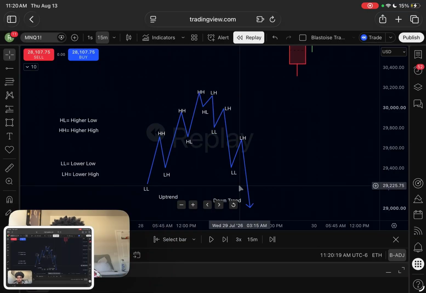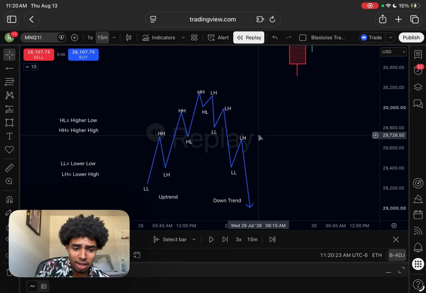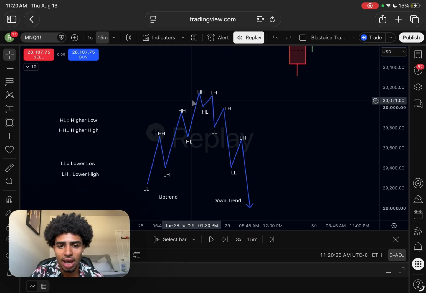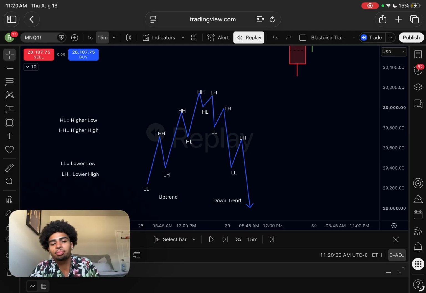But what will make it a break of structure is if we have all these green candles, a red candle, and then another green candle, and then the red candle closing below the previous red candle. That right there is uptrends, downtrends, and break of structures in the market. I hope that wasn't too confusing.